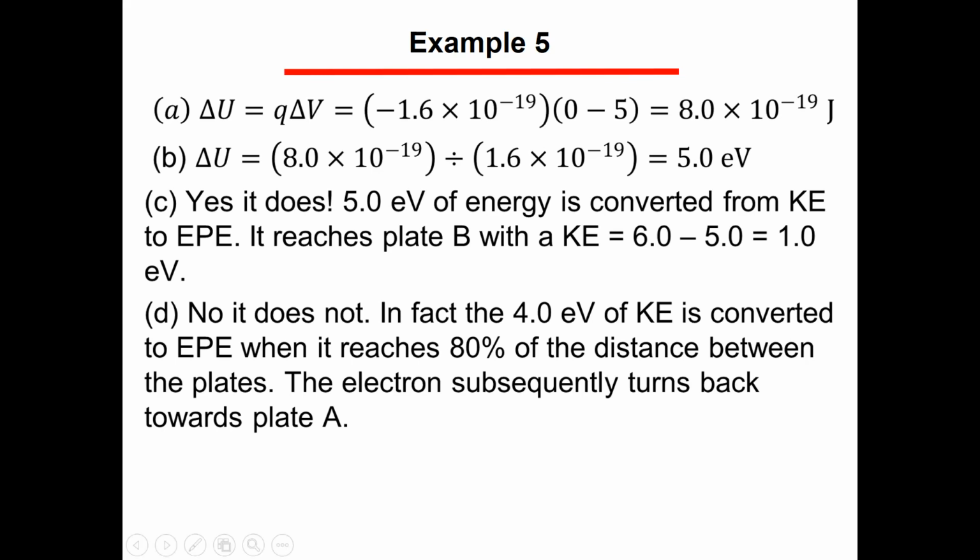This is what you have learned in electric fields. You should know it. Here, the charge is negative. The final potential is 0. Initial is plus 5. So it's 0 minus plus 5, so you get 8.0 times 10 to the minus 19 joules.